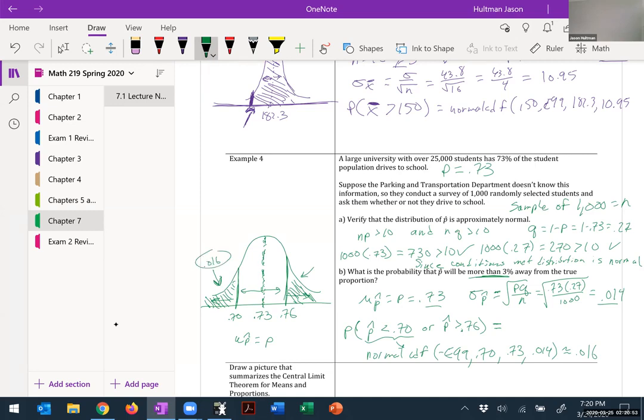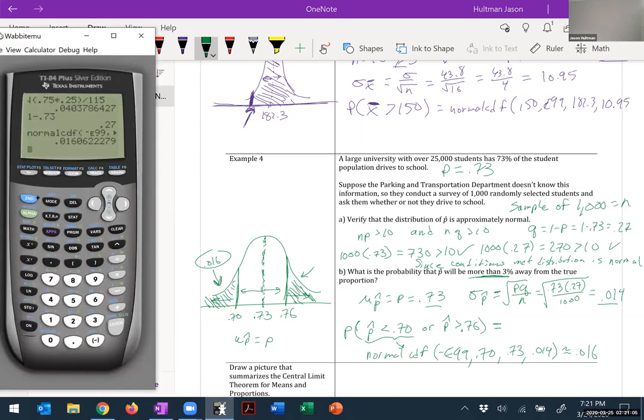Now again, if we did the exact same calculation for greater than 0.76, I would change the order in which I'm doing this. I would say from 0.76 to infinity, the mean is the same, the standard deviation is the same, and we hit enter and we get the exact same number.